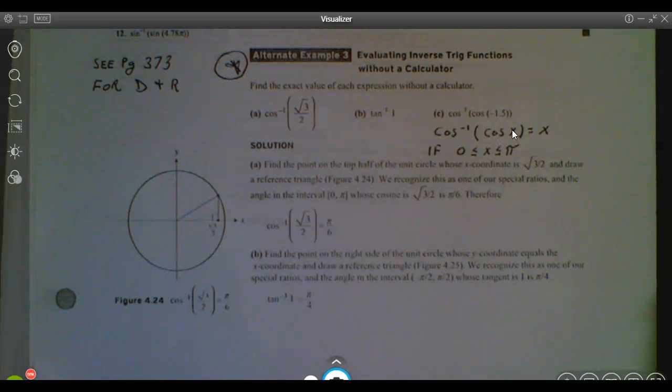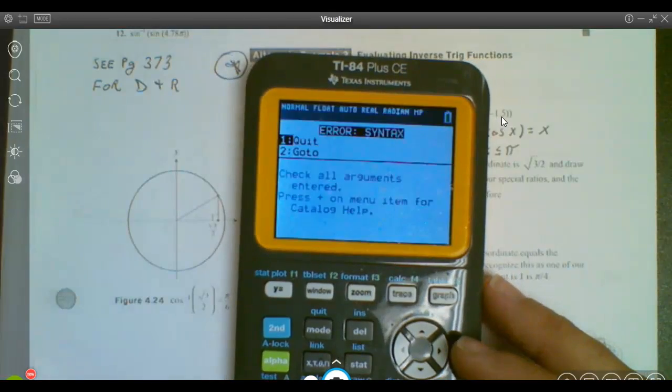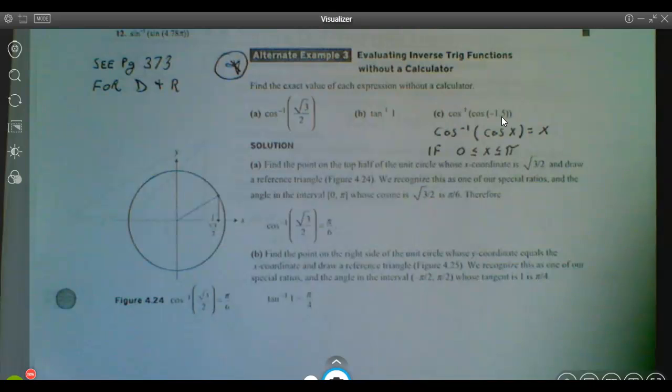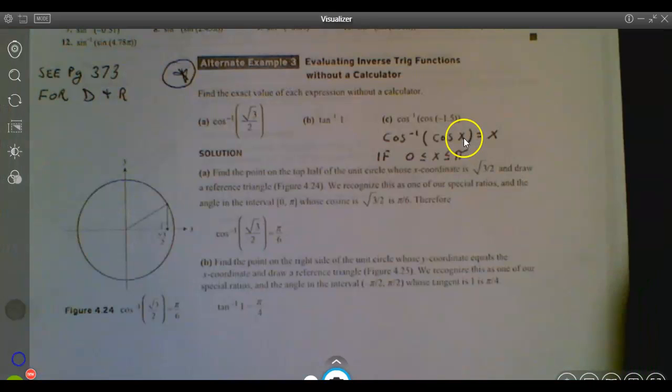So in a case like this, I would have to do this one by calculator. This is not one of our unit circle values. We don't have that as a radian angle. So I'm going to show you the calculator and the non-calculator way of getting this.